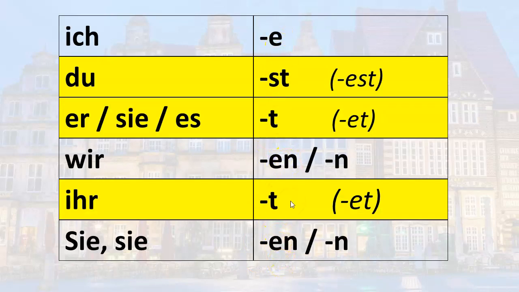These are the endings that you add to the stem or the root. Now remember, the rule is if the stem ends in a d or a t, you add an e before you add the st or the t. So this is another way of looking at it. Instead of adding an st, you add est. For er, sie and es, instead of adding the t, you add et. And for ihr, instead of adding the t, you add et.